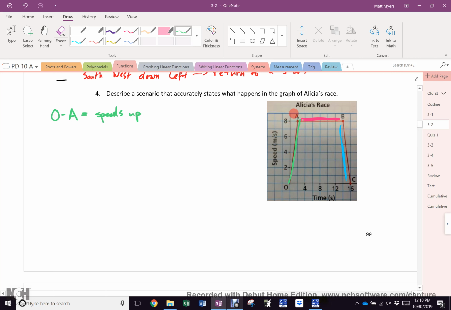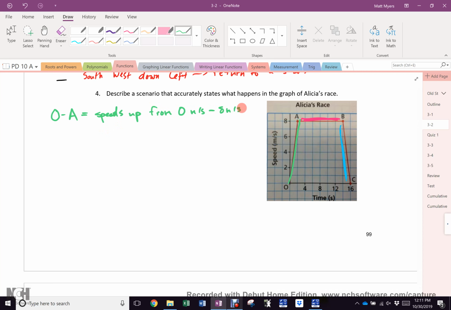We can all see that, can't we? How can we refine that to make it prettier? RJ. She speeds up from 0 meters per second to 8 meters per second. Ooh, sexy. Yeah.